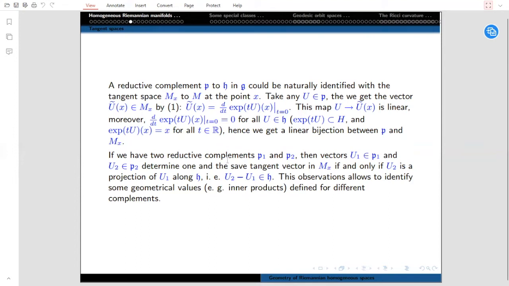If we have two reductive complements, say P1 and P2, then the vectors U1 and U2 from these complements determine one and the same tangent vector in the tangent space m_x if and only if U2 is a projection of U1 along H. This means that the difference U2 minus U1 is in H. This observation allows us to identify some geometrical values, inner products defined for different complements.